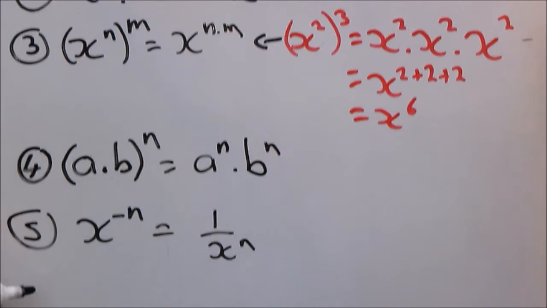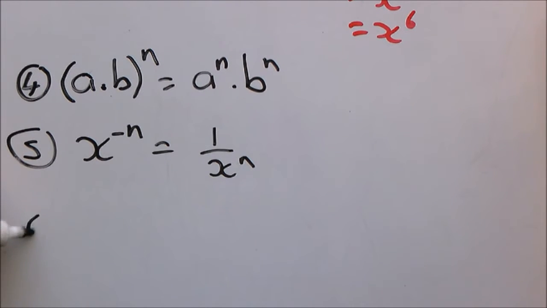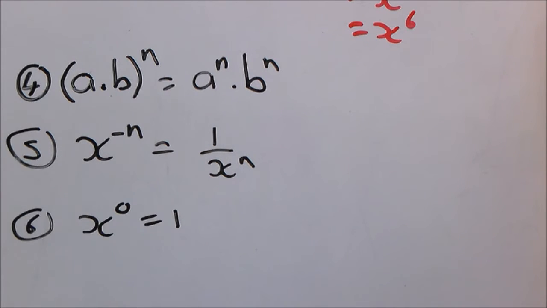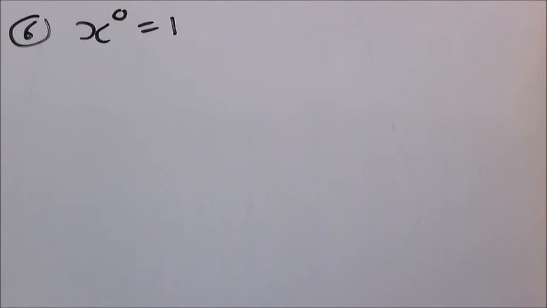Then the last one I'd like to look at is anything to the power of 0 equals 1. So this is a quick breakdown of the different laws, and now I'm going to do one or two questions just to show you the application of these laws.